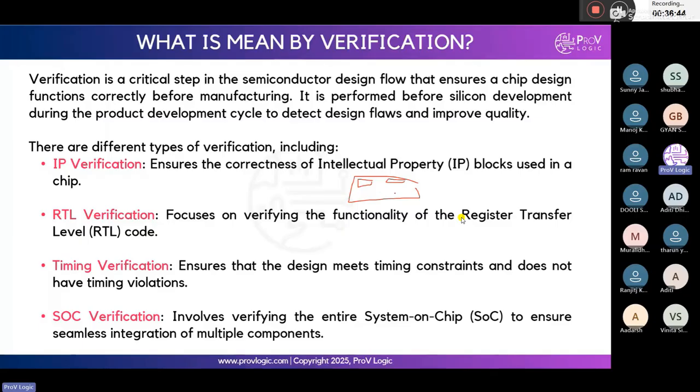Router is an IP, but inside the router we will have a finite state machine, synchronizer, and FIFO memories. If we write a whole testbench architecture and verify these separately, with separate RTL design and separate functionality, then we call it RTL verification. RTL also comes under IP only, but IP is all related to a particular functionality, the whole block.